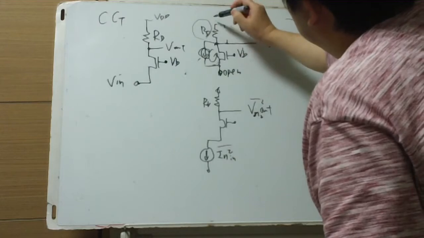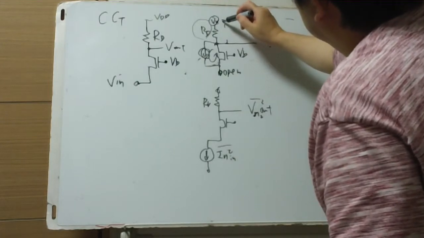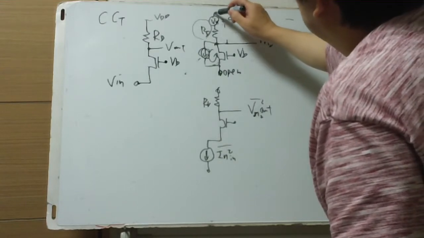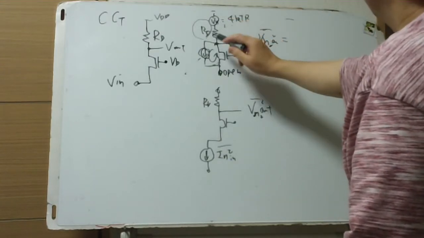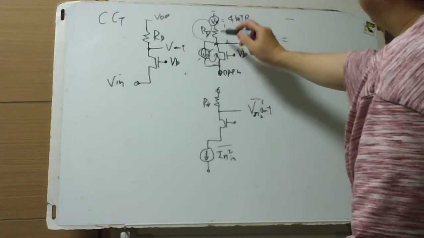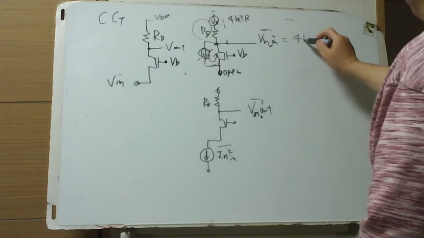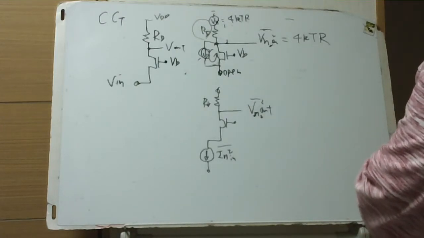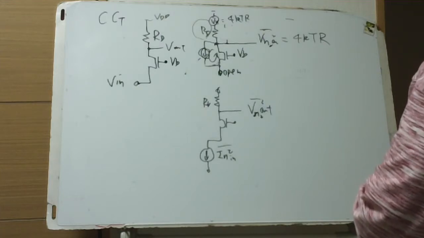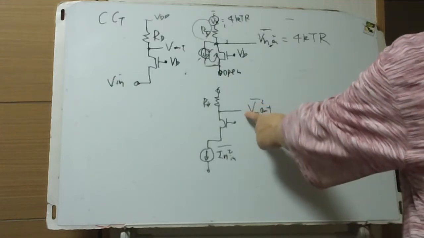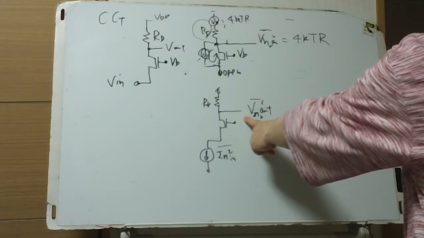RD produces voltage noise, of course, which is 4kTR. This generates 4kTR, and this 4kTR equals this Vn2 out squared bar.